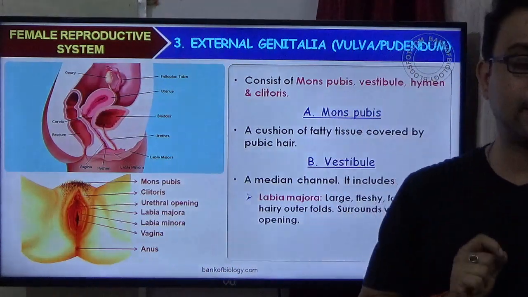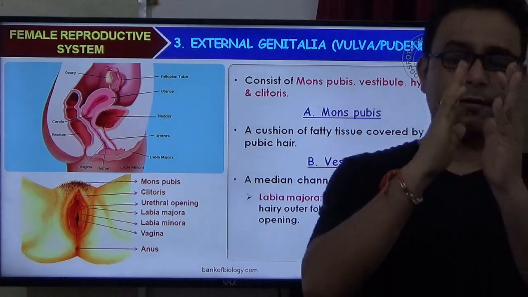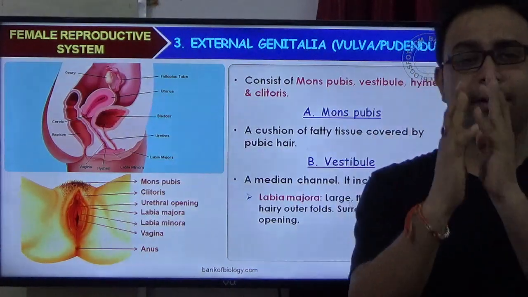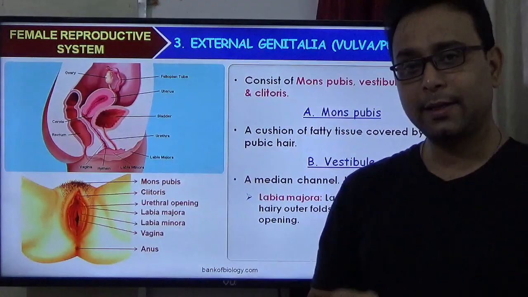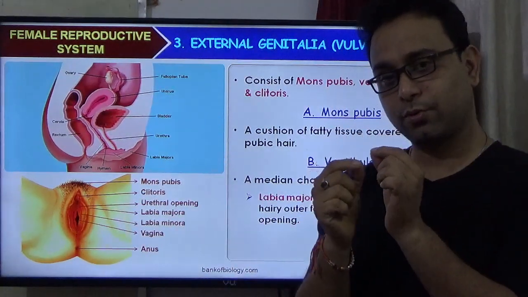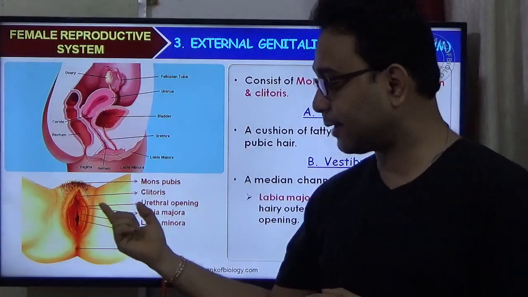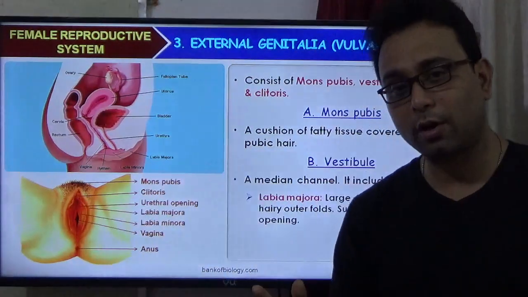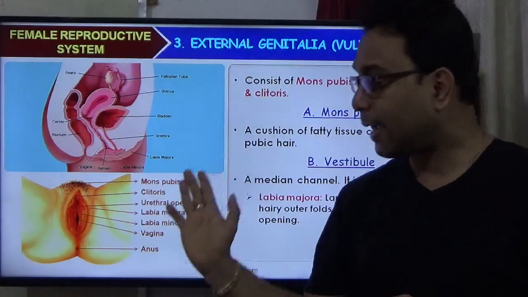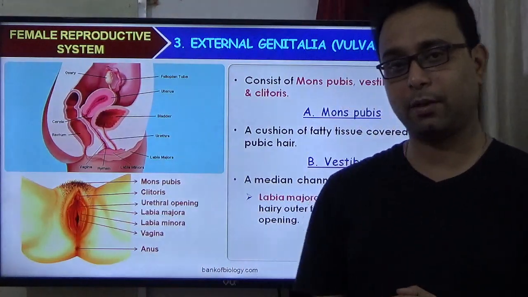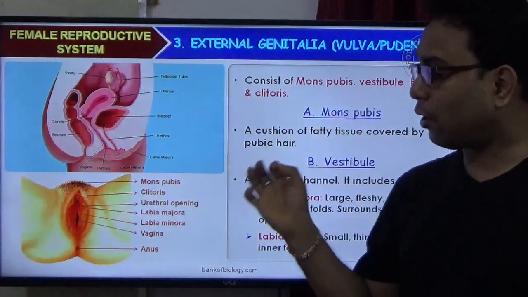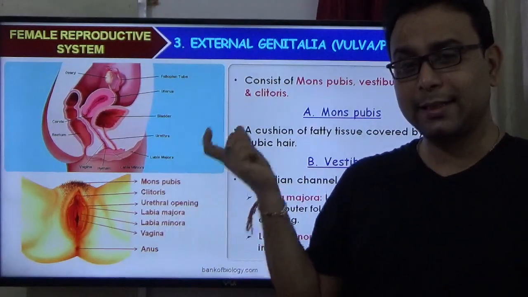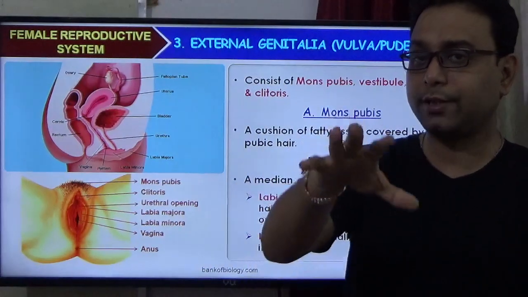Labia majora are large, fleshy, fatty and hairy outer folds surrounding the vaginal opening. Only fatty tissue is present externally, so it is called labia majora, and inside the labia majora is the labia minora. These two important parts belong to the vestibule.